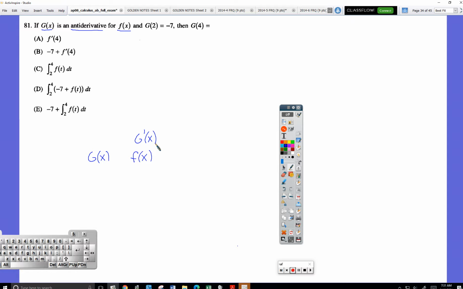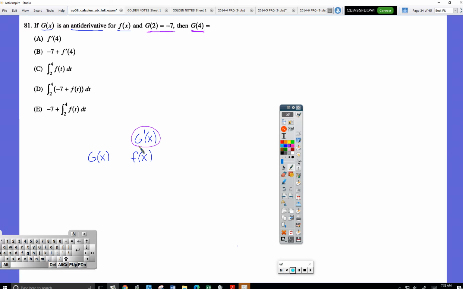Next thing I notice is they give me two different values of g. They tell me one value of g, they ask me to find the other. Well, that's a pattern I have seen many times on the AP test, where I am given one value, looking for another, but they're also talking in indirect terms about g prime.